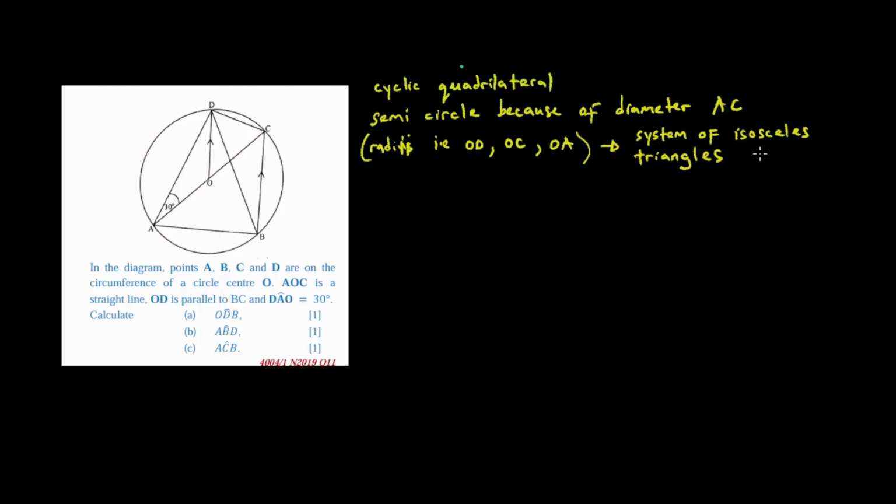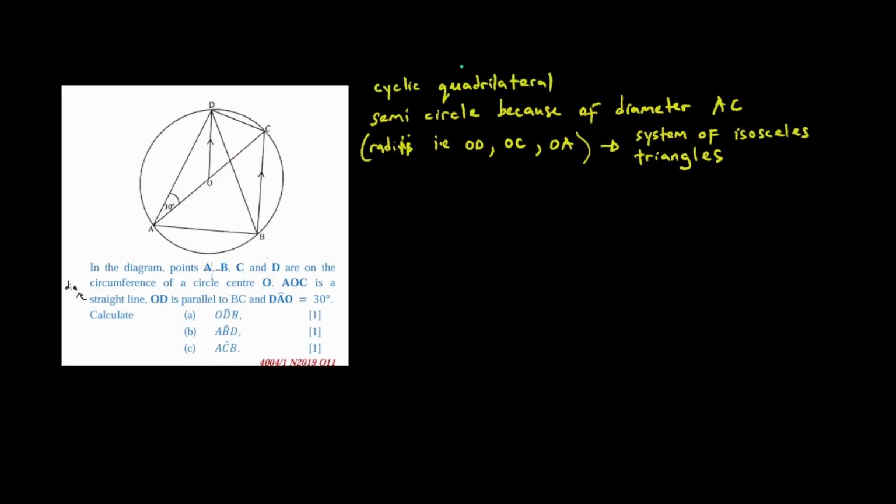Be careful of that. Okay, so in the diagram, points A, B, C, and D are on the circumference of a circle center O. AOC is a straight line, and AOC being a straight line tells us that it's a diameter.